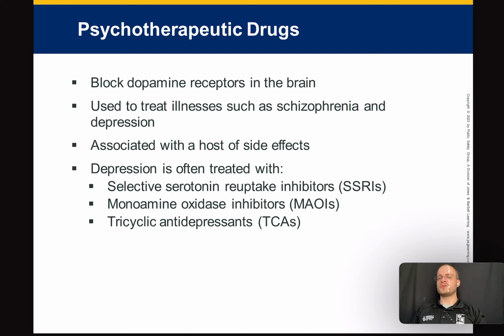So psychotherapeutic drugs. Sometimes we use drugs to block certain receptors in the brain for different reasons. If someone has too much dopamine, they can have a condition called schizophrenia. So we'll give them drugs called antipsychotics that will block dopamine receptors in the brain, so they're kind of less manic. Okay, that's how we treat schizophrenia right now.